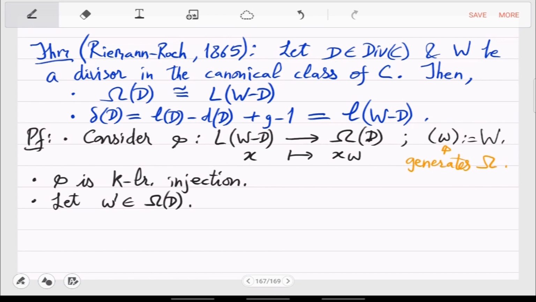So you know that omega prime and omega will be related by a function up to a multiple, right?